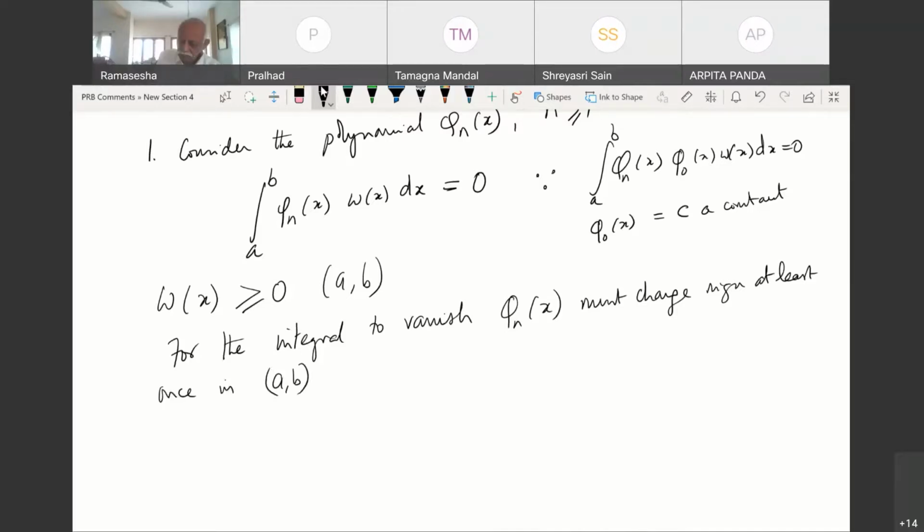Okay. Now let me assume the following. Assume there are zeros of odd multiplicity.